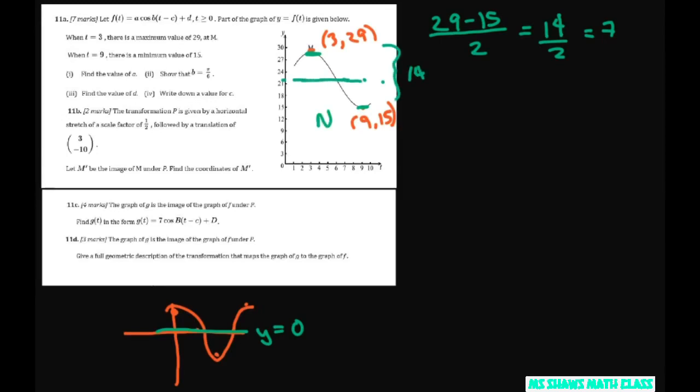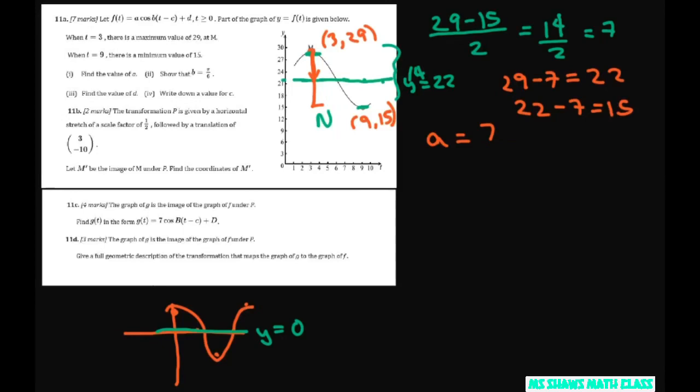So the midline here is going to be y equals 22, because you go down 7, and this is 7, and this is 7. So 29 minus 7 equals 22. And then you could take 22 minus 7 equals 15. So your A equals 7.